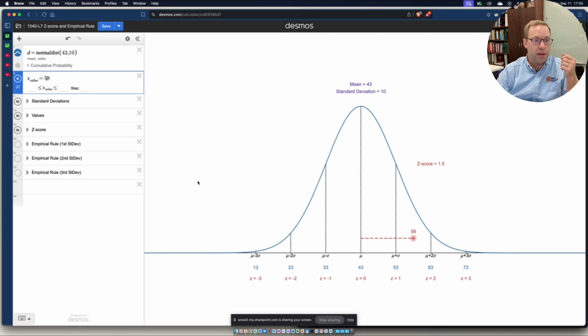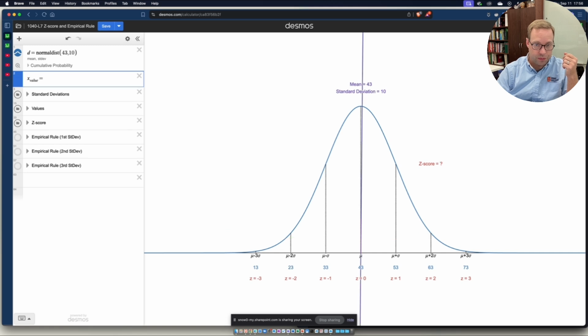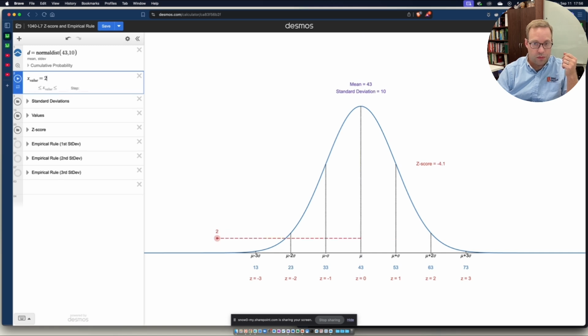Let's go for another one. Ready? Let's do, yeah, we can do 28. Why not? We just barely did this problem, but this time 28 is $15 below the mean, right?